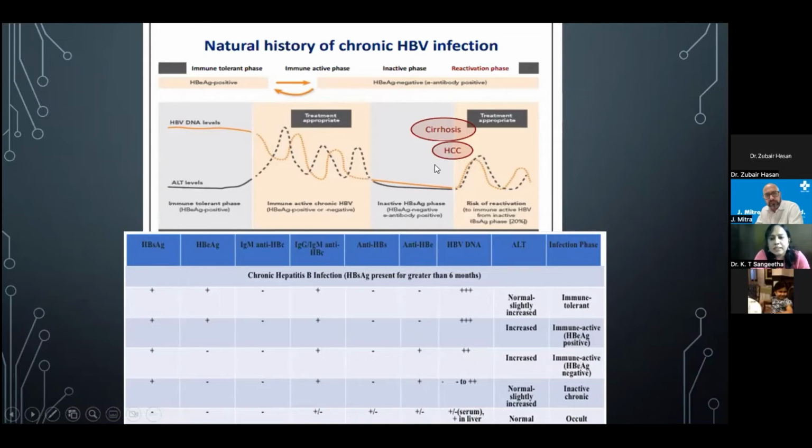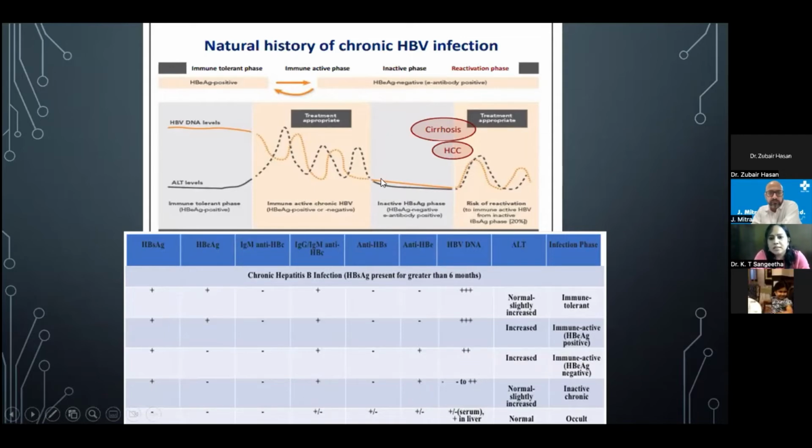Now coming to the inactive phase, which is the HBeAg-negative phase, where anti-HBe has come. Here the hepatitis B surface antigen is positive. We have total anti-HBc positive and anti-HBe positive.